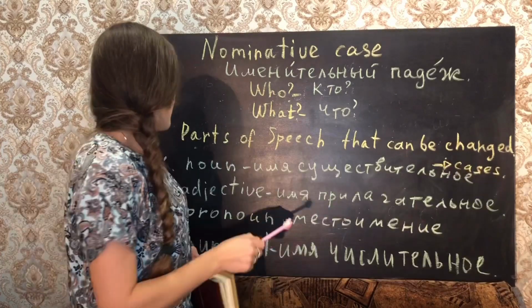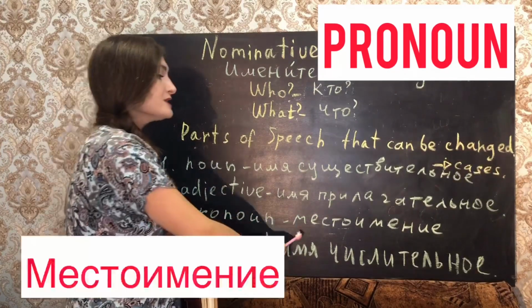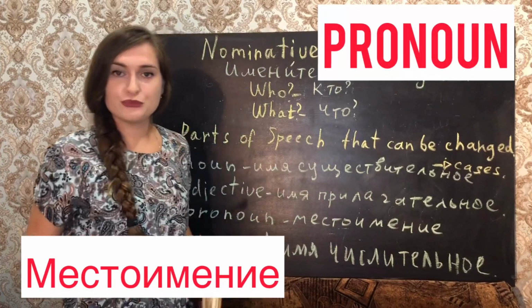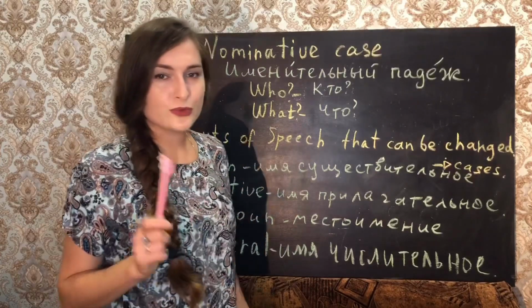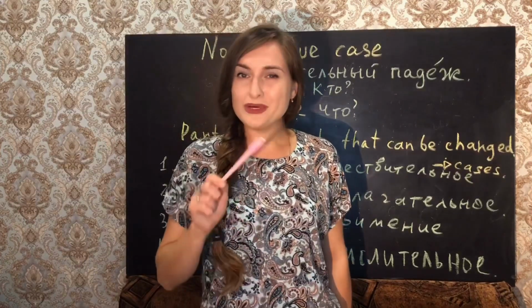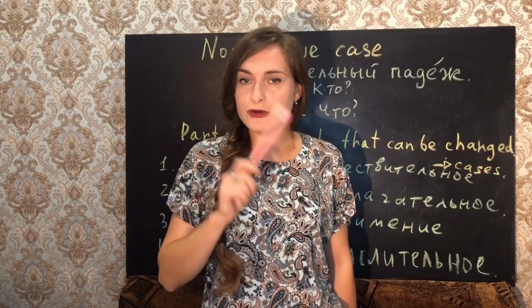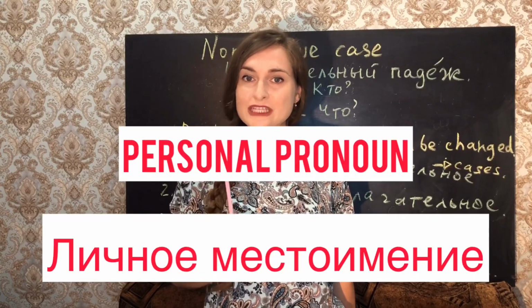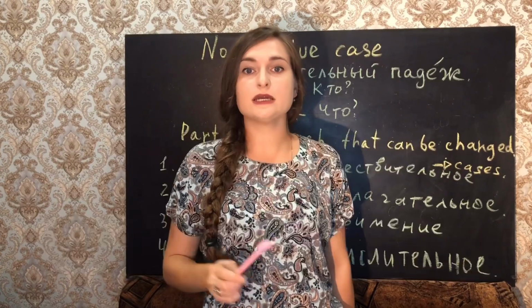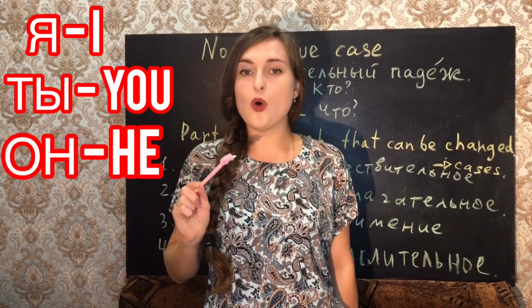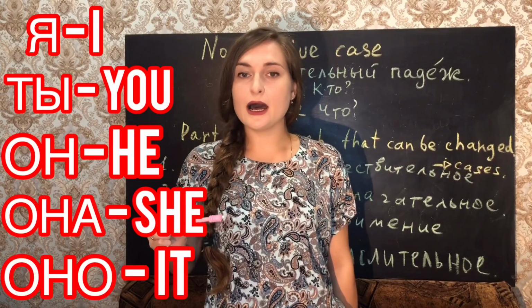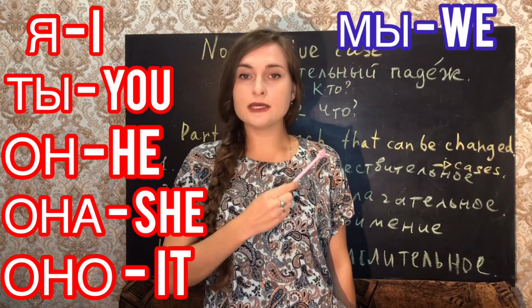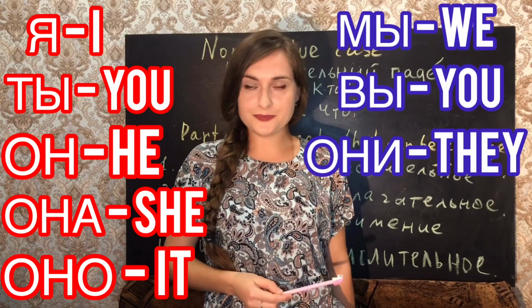And so on. Pronoun, местоимение. Pronoun, if you remember, we have a lot of types, but we know the three of them. The first one, personal pronoun. Личное местоимение, like я, ты, он, она, оно, мы, вы, они.